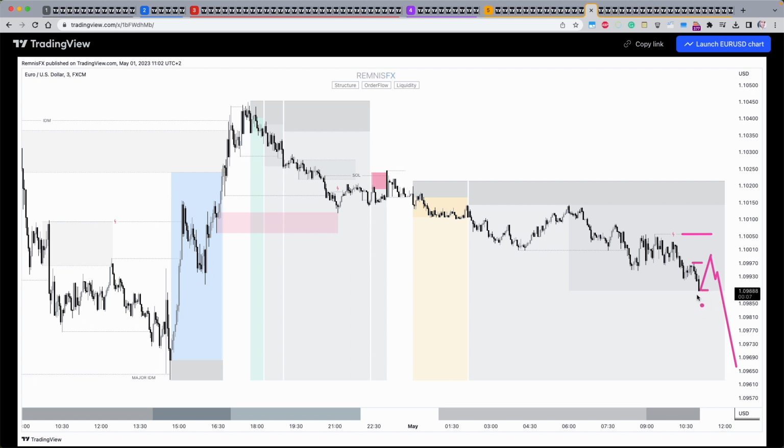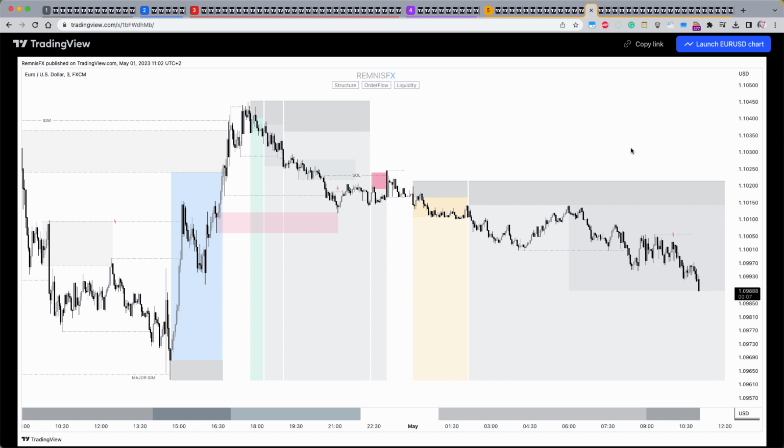So if you enter here with, let's say, stop here, and you target here as your TP, you may get stopped out quicker than when you look for a sell at this position here, because again, you are trading with the pro trend, while here you're trying to trade against your pro trend, catching a short-term counter position. And yeah, sometimes it definitely may work, right? But I'm just showing that it may take out this one and then eventually stop you out and continue the pro trend, right? So you have to keep that in mind.